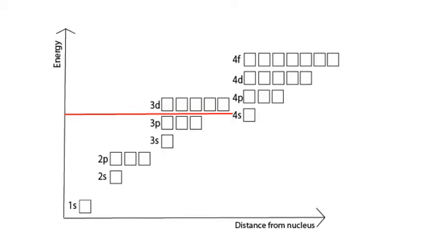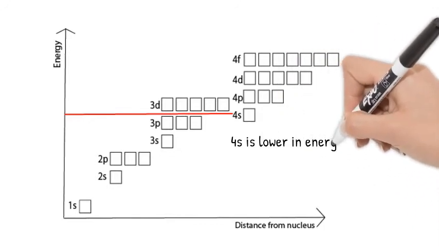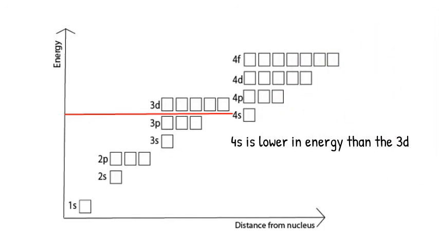Then you've got the 3s, that's next highest in energy. Then you've got the 3p sub-energy level, which has got 3 orbitals. And then we have, if you look there, the 4s, which is only very slightly lower in energy than those 3d orbitals that were from the third shell.